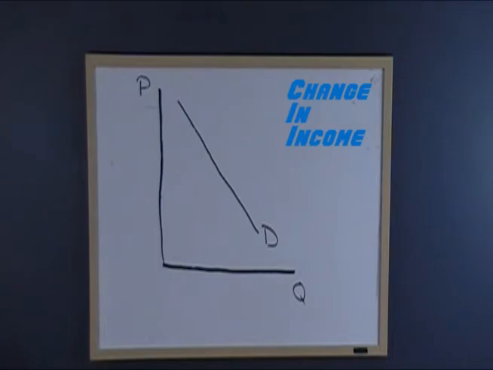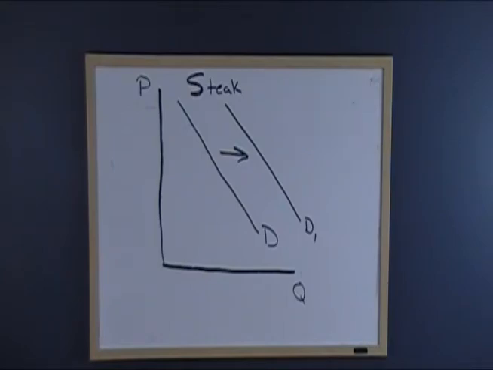So what happens to a good like steak as our income rises? If you said that demand should increase, you're correct. What an increase in our demand curve actually means is that at any given price, the quantity demanded of steak is going to increase. We see on our original demand curve, at price 1, the quantity demanded is quite low.